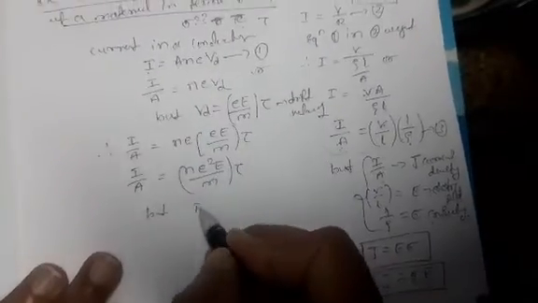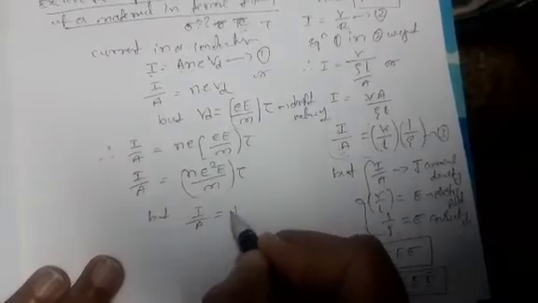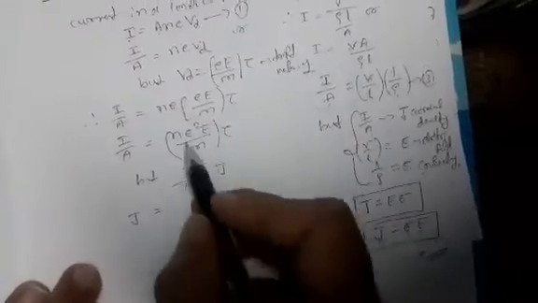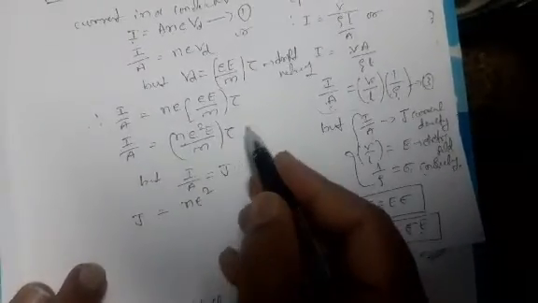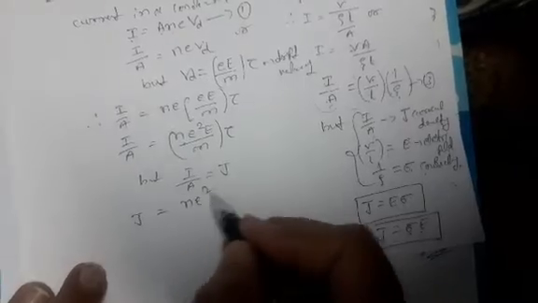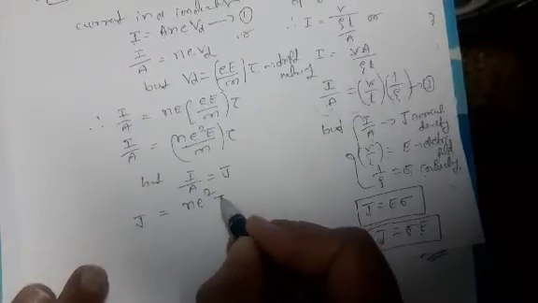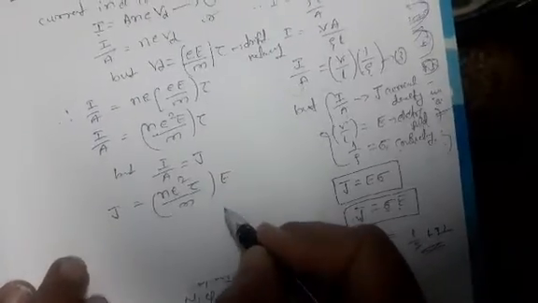The current per unit area is called the current density, that is J is equal to e taken outside and the time taken inside the bracket, that is N e squared tau by m into the electric field.